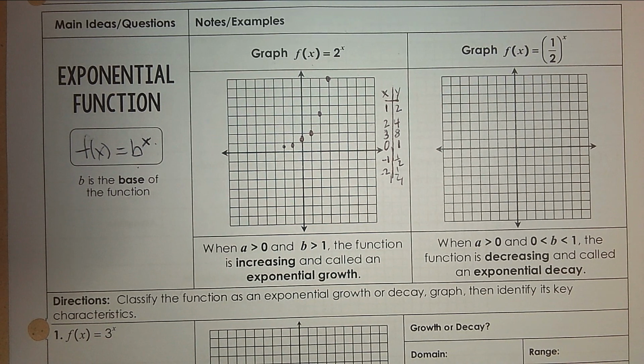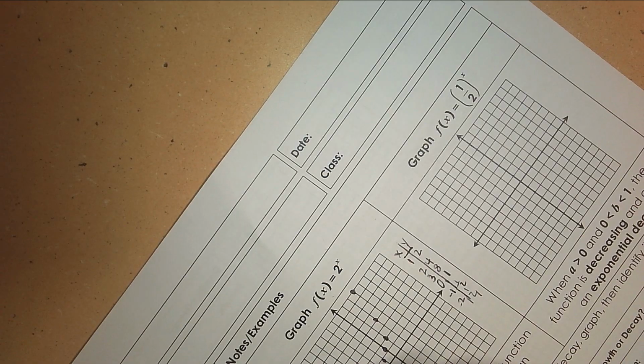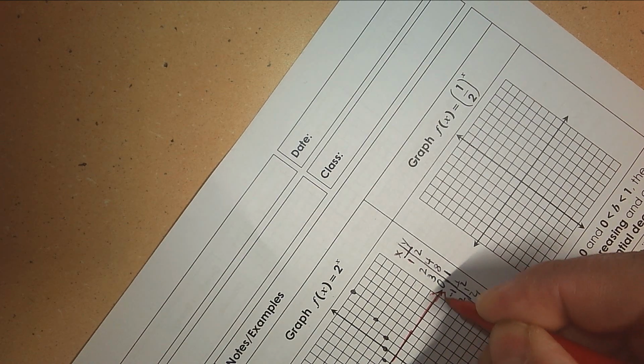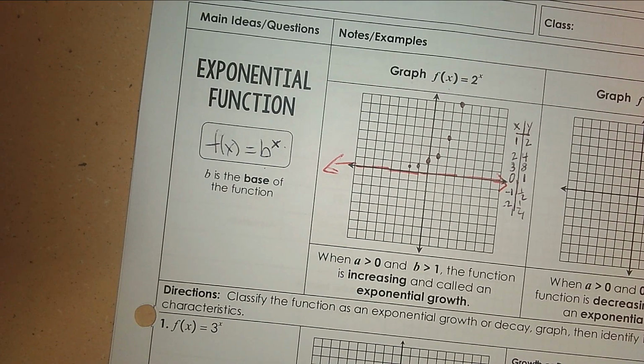Therefore, at 0, we have an asymptote. So for an exponential, we have an asymptote at 0 that shows that the whole graph is above 0. Does it include 0? No. It's all above 0.